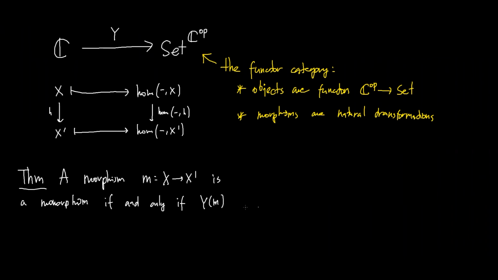So if and only if this thing at each object C, which will now no longer be a natural transformation, it will be a function from hom(C, X) to hom(C, X prime), if only that thing is injective for every object C in the category C.